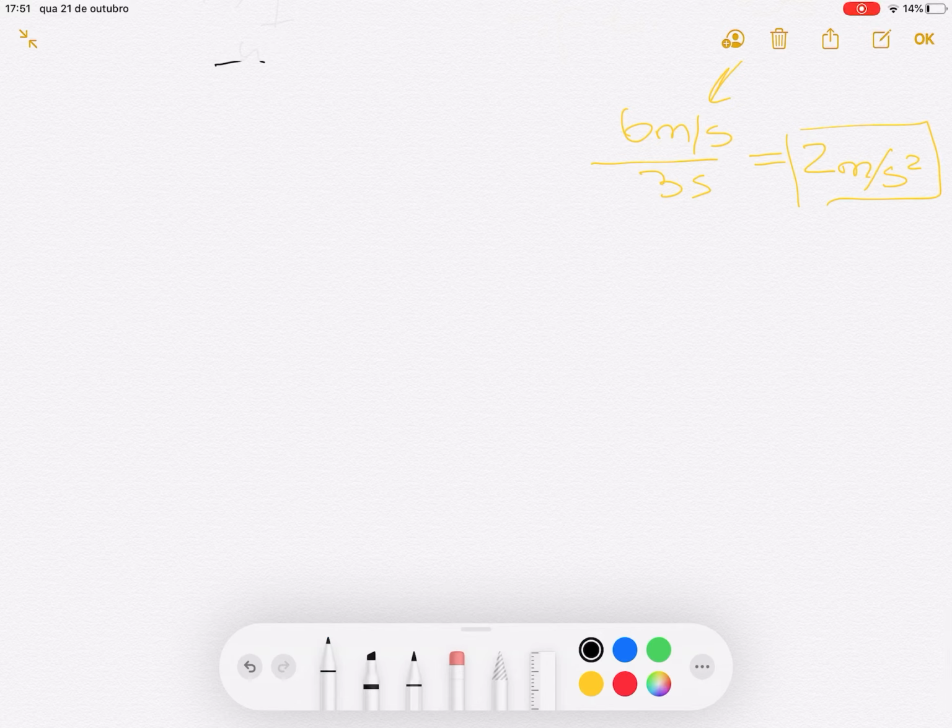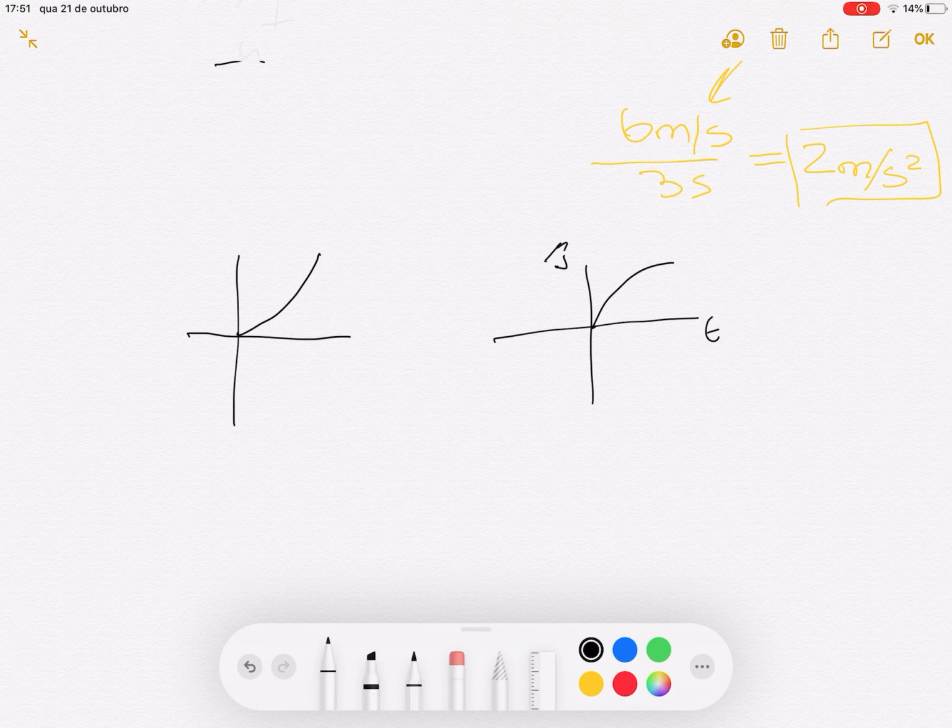Now, if we draw some velocity time graphs without any numbers, just like this, what can we tell about these graphs? Let's imagine they're velocity time graphs.